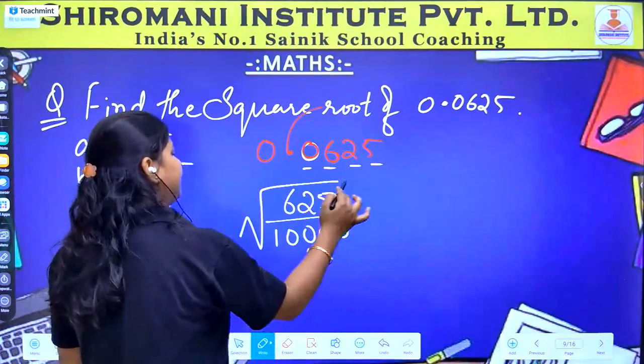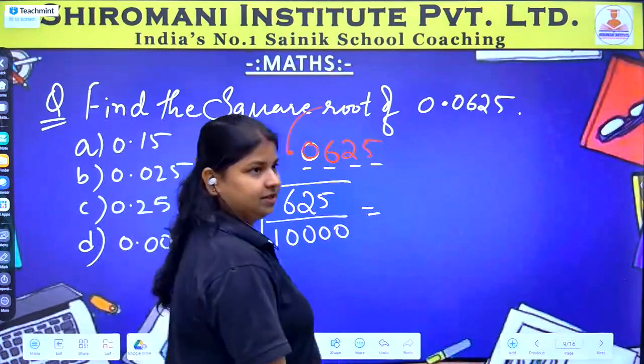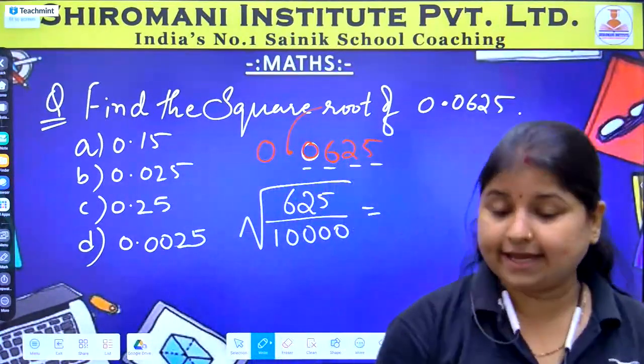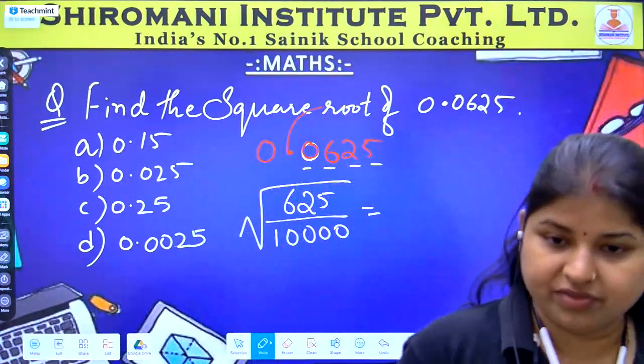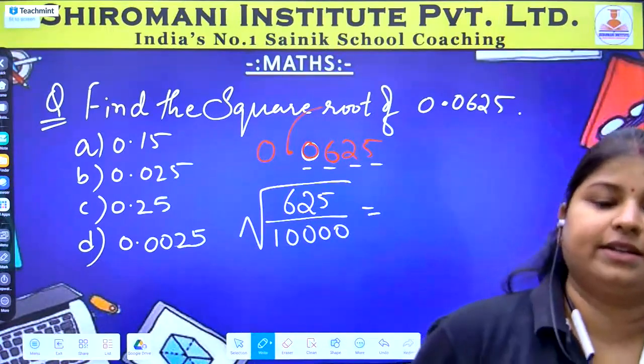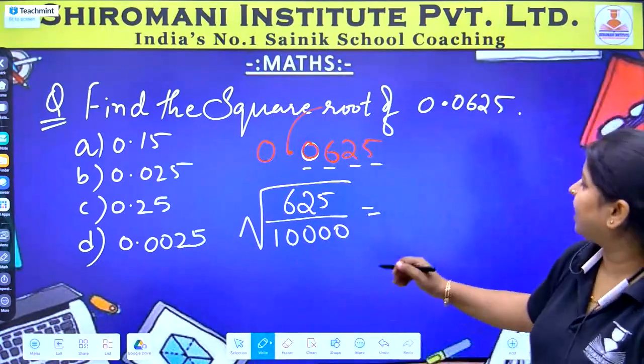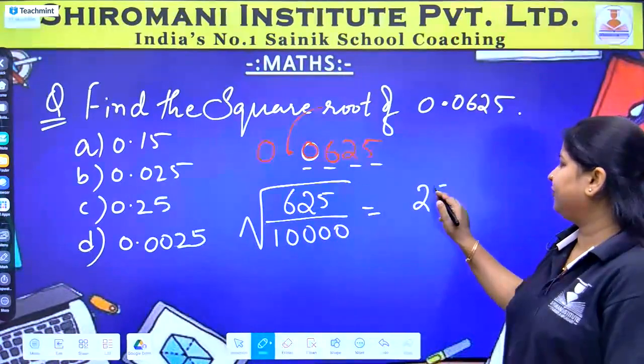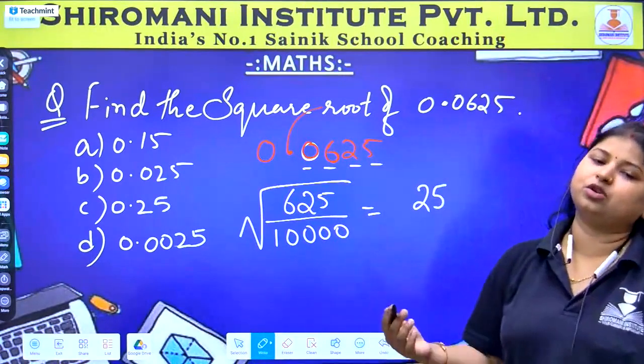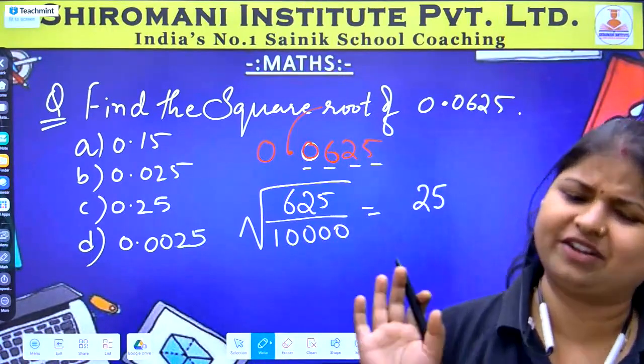Now you can calculate the square root of 625 and 10,000. So the square root of 625 is 25. You can find it yourself. It is very easy.